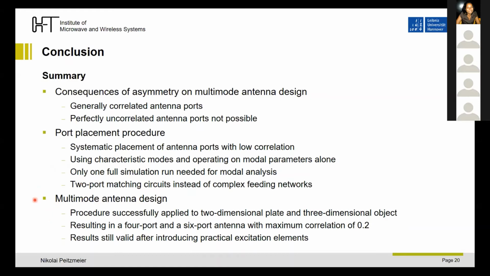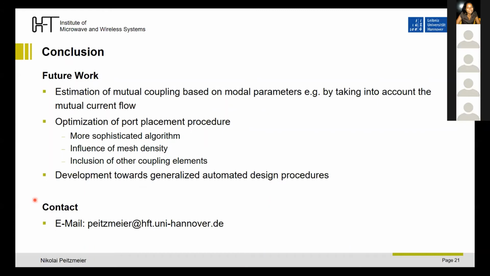And we have shown 2 examples which are practically feasible. So what could be done in the future? We have to have a closer look at mutual coupling, of course. We could optimize our procedure with a more sophisticated algorithm and the influence of mesh density, but that was not the point of this work.